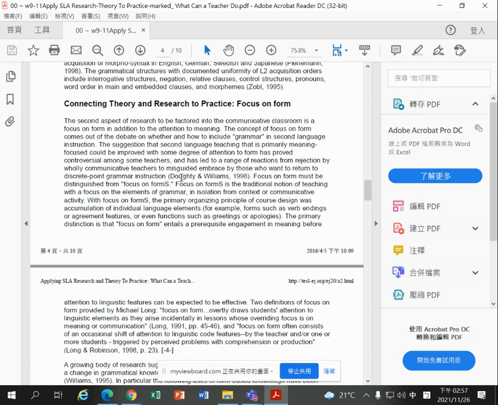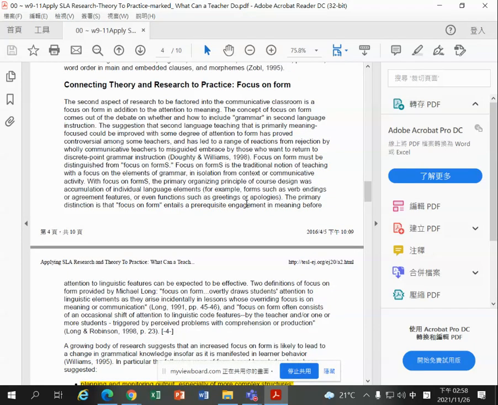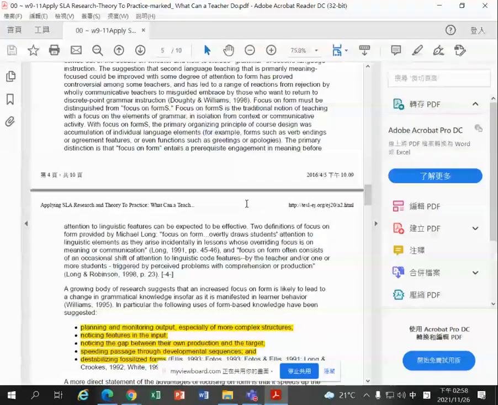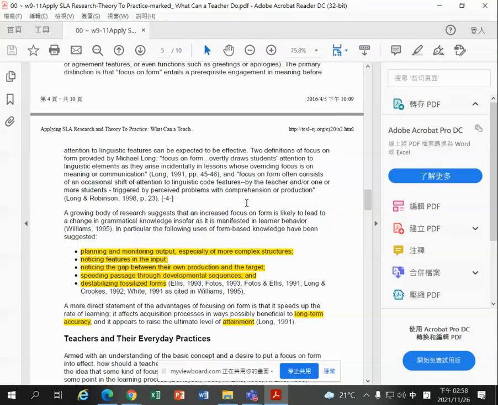All right? In the past, they focused a lot on form. This is an old article, so you can see that it talks a lot about form. And can you get the answer? In this article, it tells you what kind of teaching method or instruction will receive the best result.